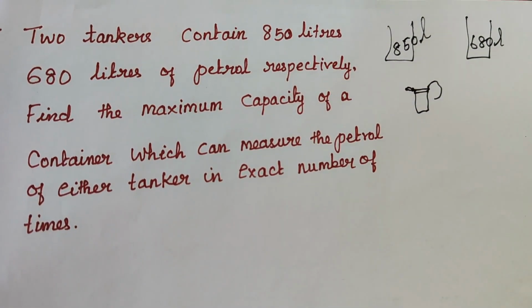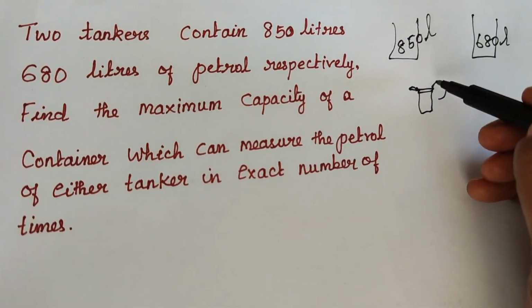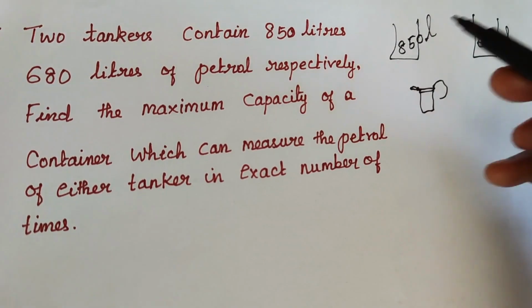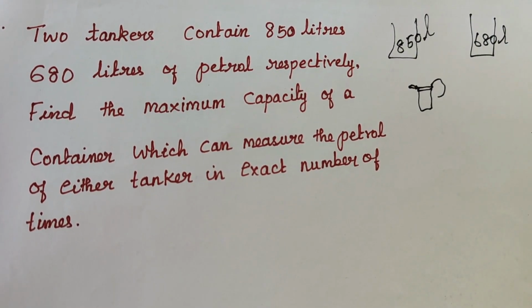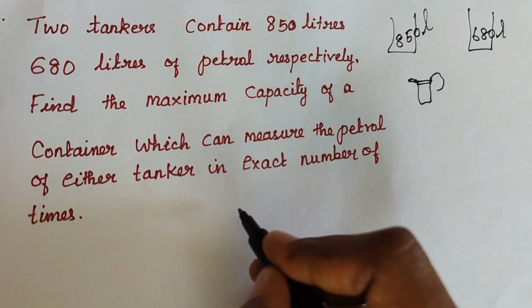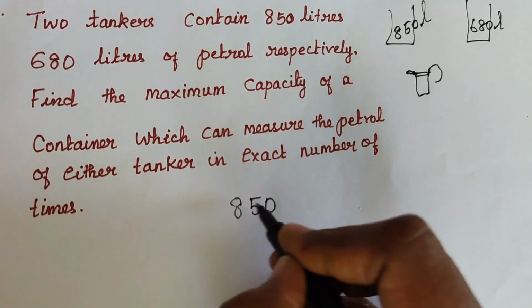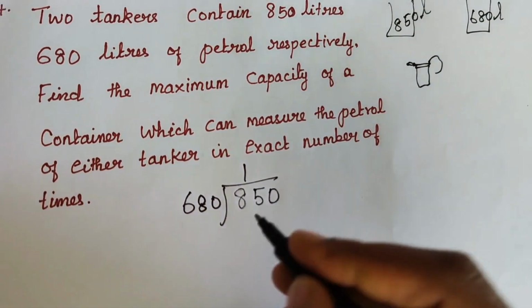So we actually want to find the common factor between these two. This container is the common factor for 850 and 680 liters. So we will find the HCF of 850 and 680. Bigger number 850 divided by the smaller number 680 only one time.